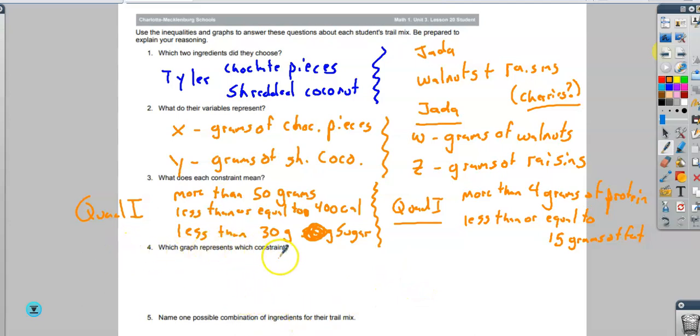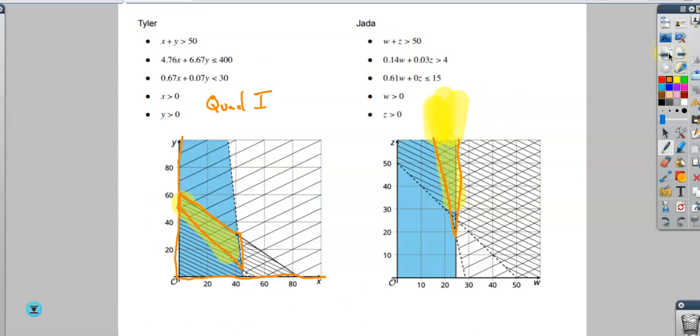So which graph represents which constraints? Well, let's look at that right here, on the graph. So I'm going to come back and let's look at these graphs.